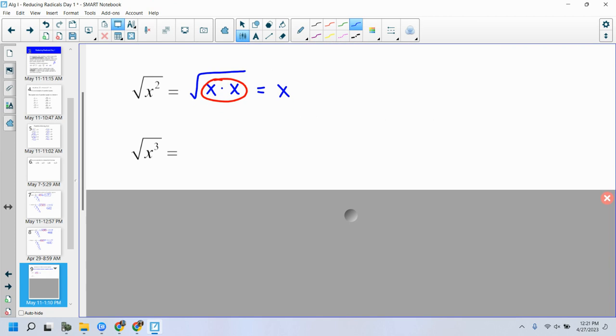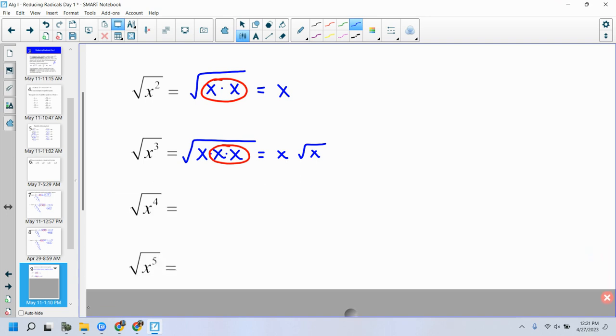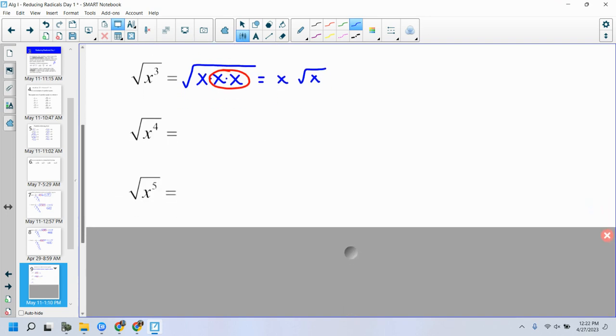Let's take a look at x to the third. I've got one set of buddies coming out and one staying in. Let's take a look at 4 and 5. Well, for 4, let me change colors here.